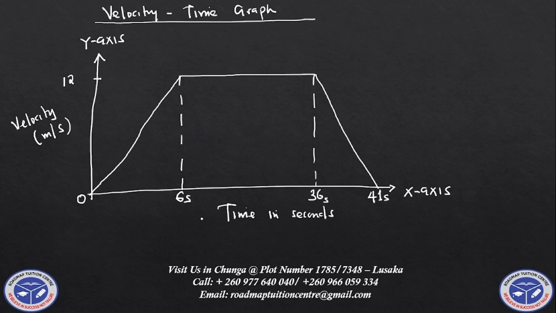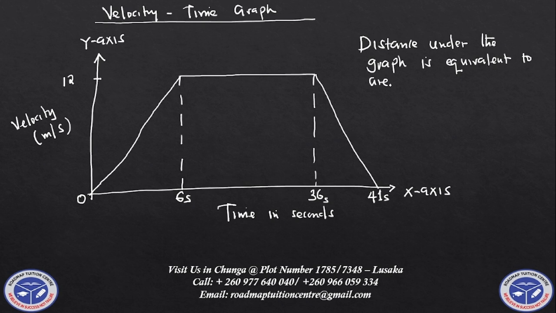So after you are done with the sketch, we can now find the distance. We are told that the distance under the graph is equivalent to the area of the given figure.